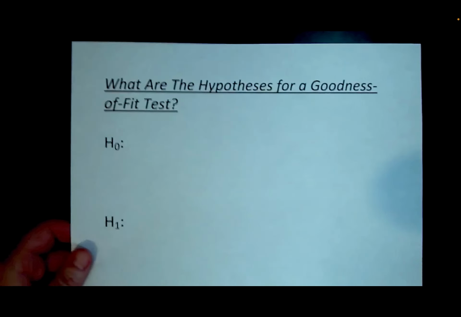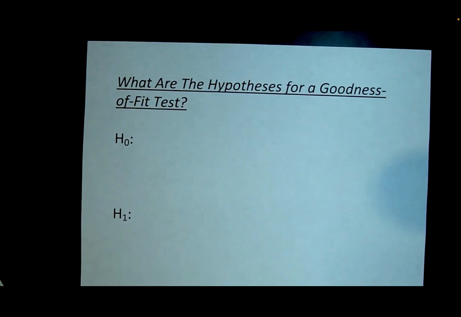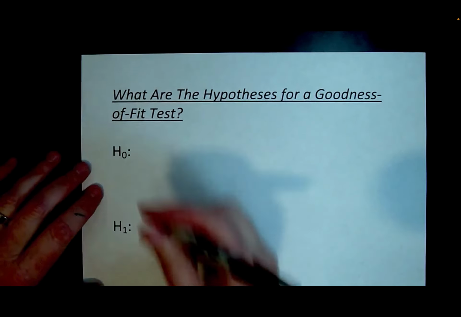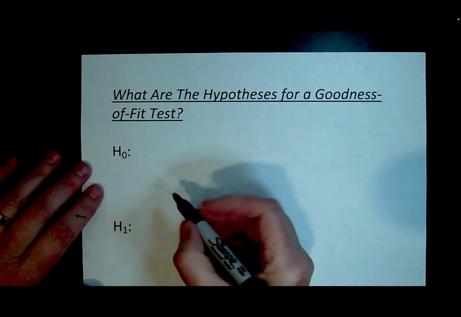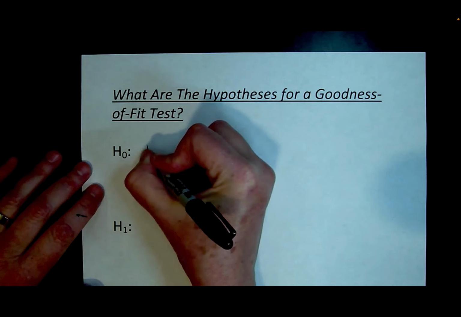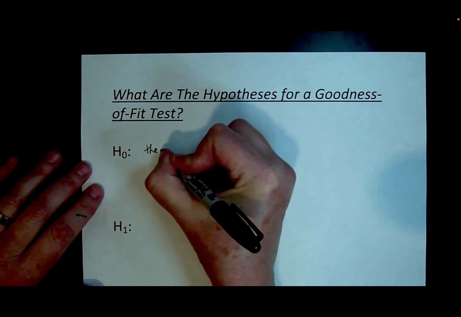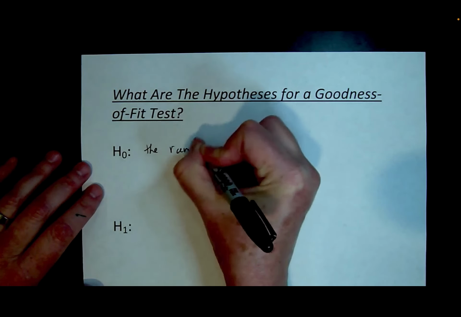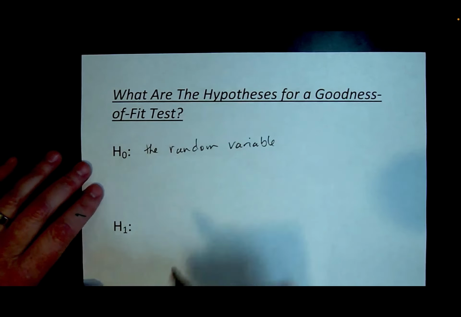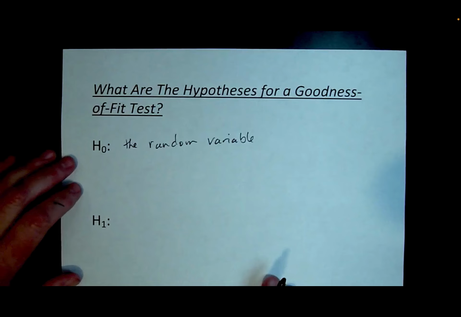So what would the hypotheses be? Well, remember the null hypothesis is always about equality, sameness. I'm going to use the terminology that the book does so that when you read the book, it won't disagree too violently with the notes.